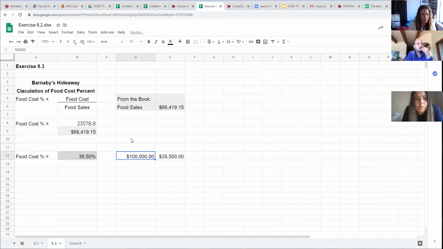That much money is being spent on your food cost. If you were going to do 30, and then let's do 25, just to show you the difference.